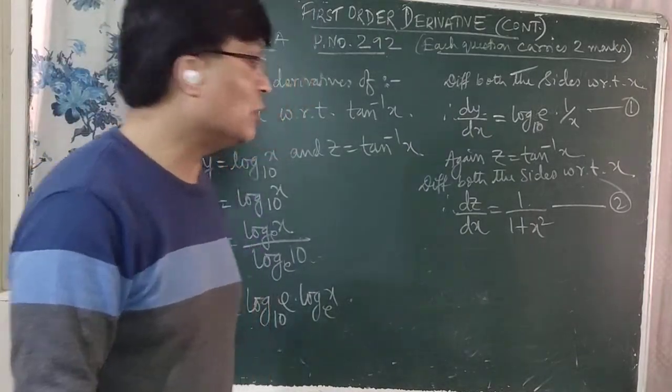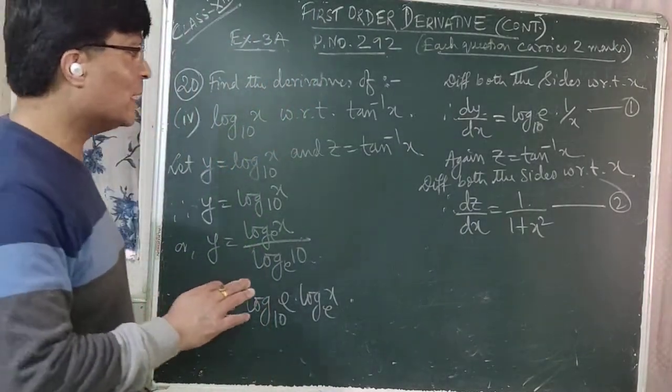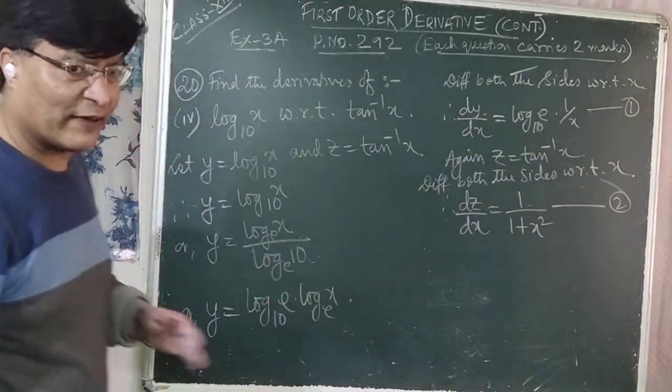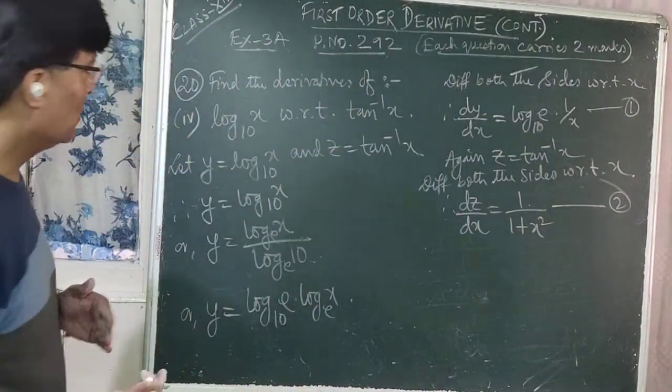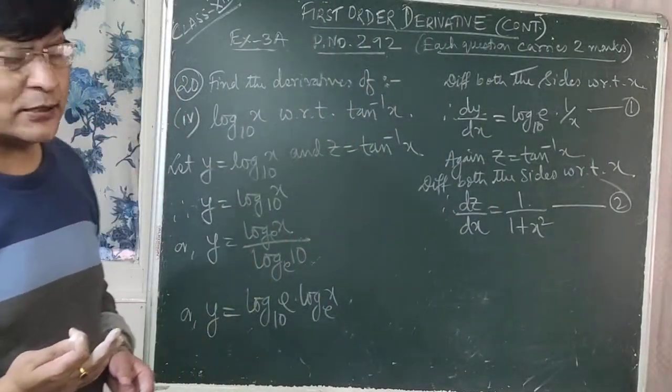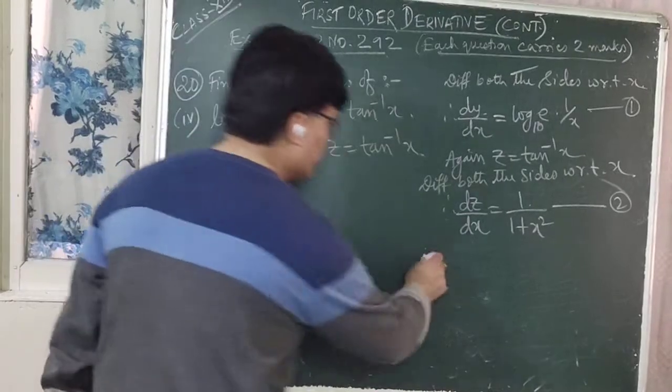Okay. So now you have to determine dy by dz, isn't it? So how can you get dy by dz here? dx will be cancelled. That means you have to divide 1 by 2.